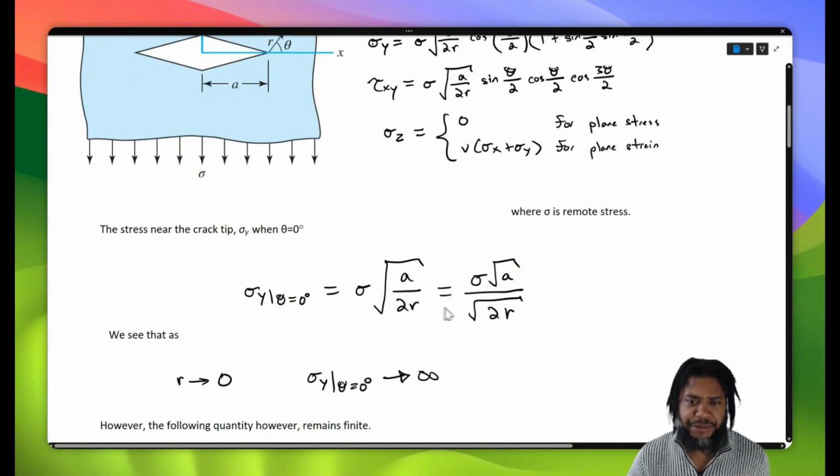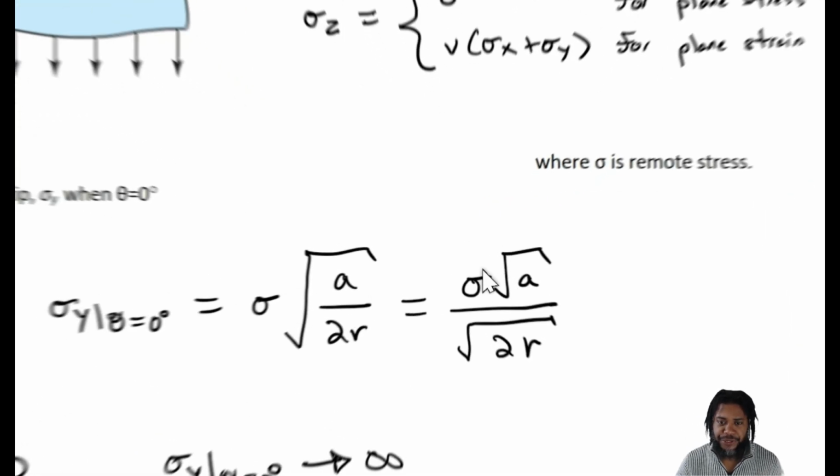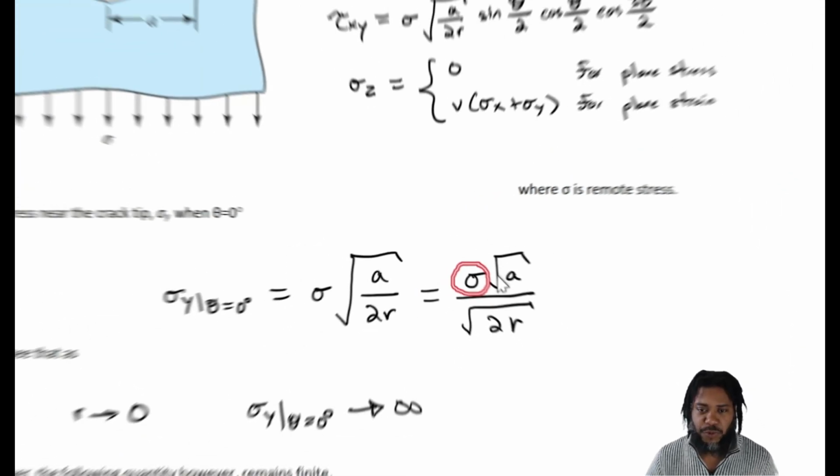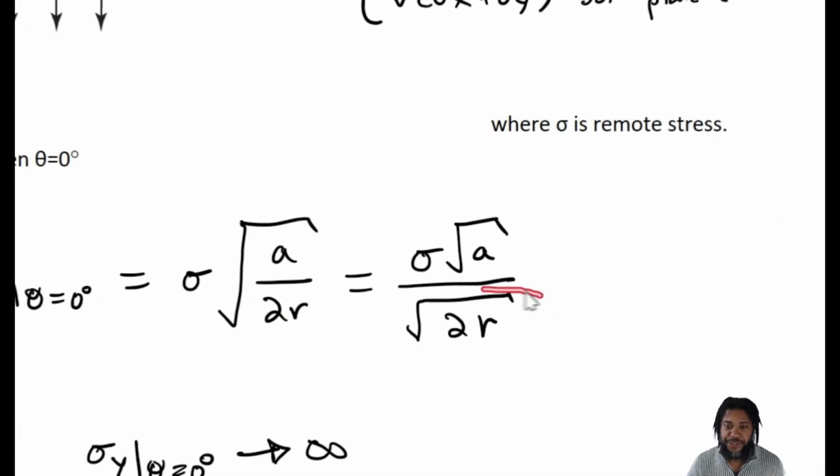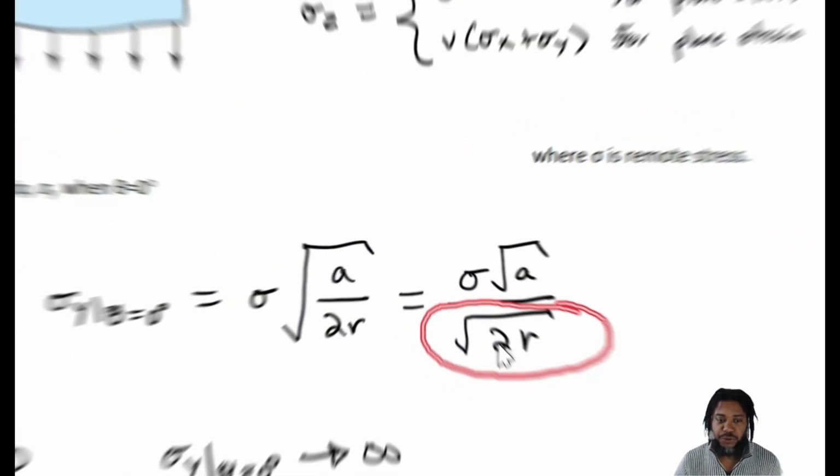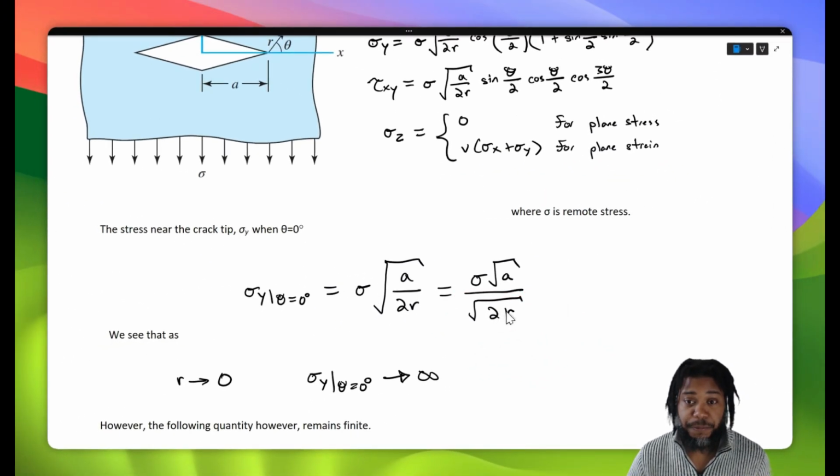We can also separate the numerator and denominator, where the numerator is the remote stress times the square root of a, and the denominator is the square root of 2 times r.